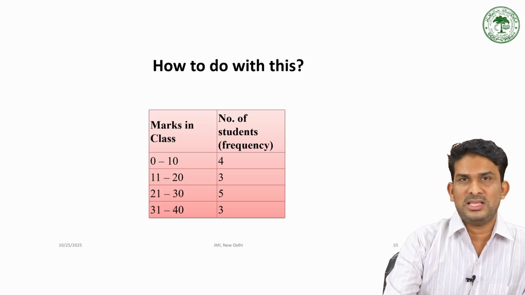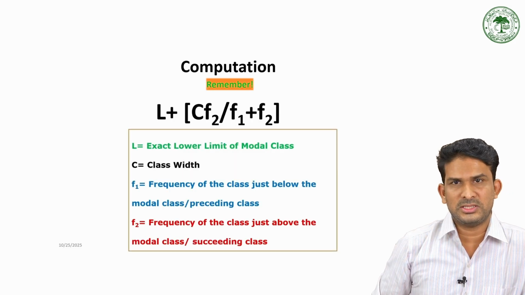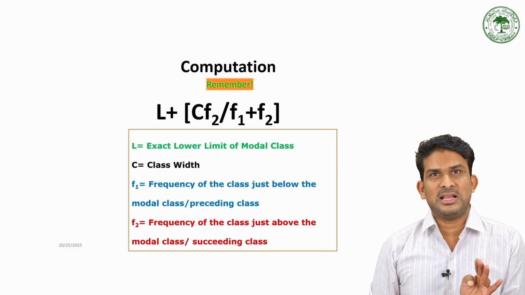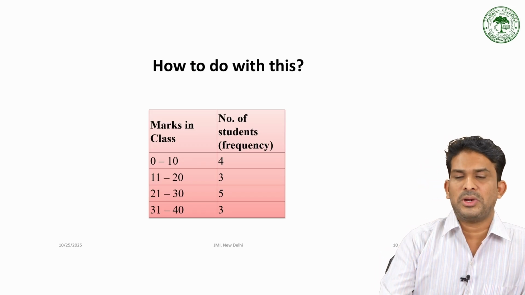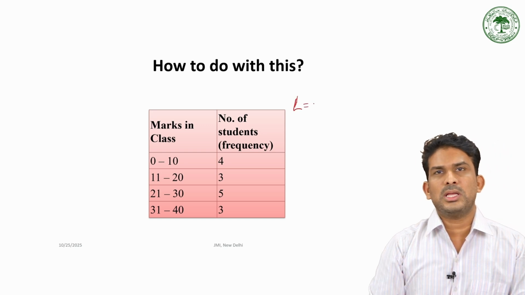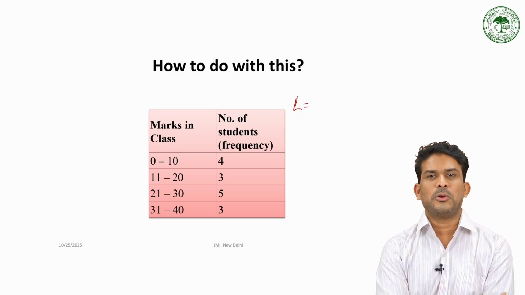What is the equation? You know that, I am not writing it. It is here. The equation is very clear. Terms are very clear to you. Now let us write what L is here. L is the lower limit, that is, the exact lower limit of the modal class.